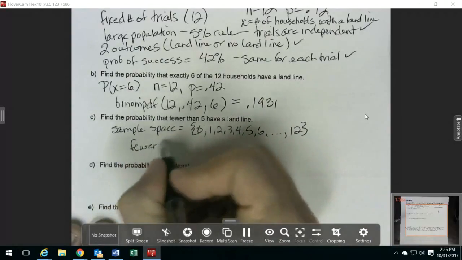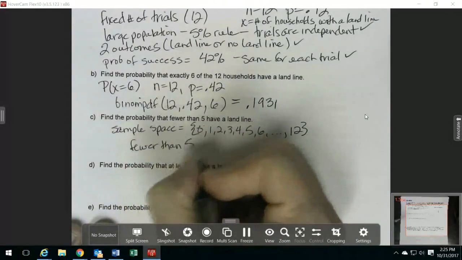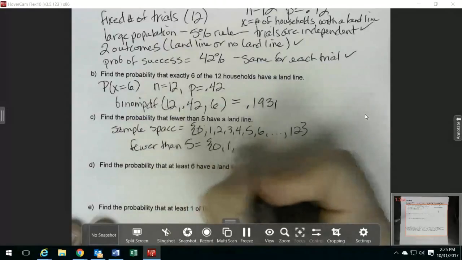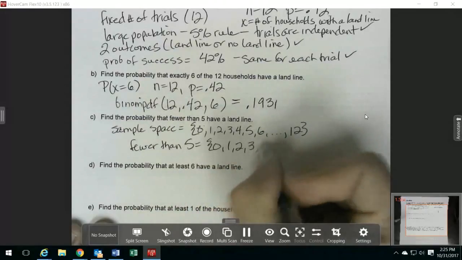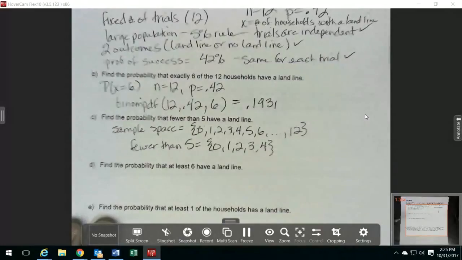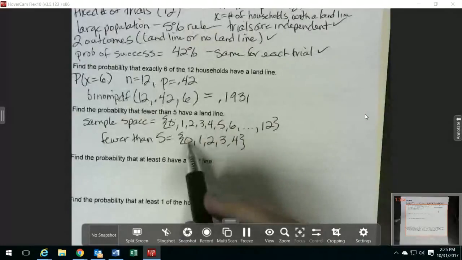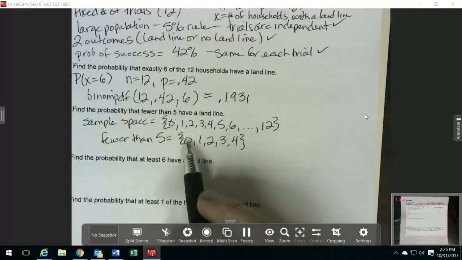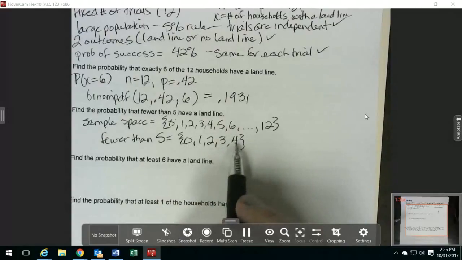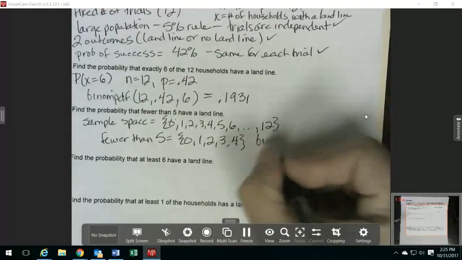So fewer than 5 would include the outcomes 0, 1, 2, 3, and 4. For this one, you could use the binomial CDF because it automatically goes from 0 up to whatever number you put in for x.